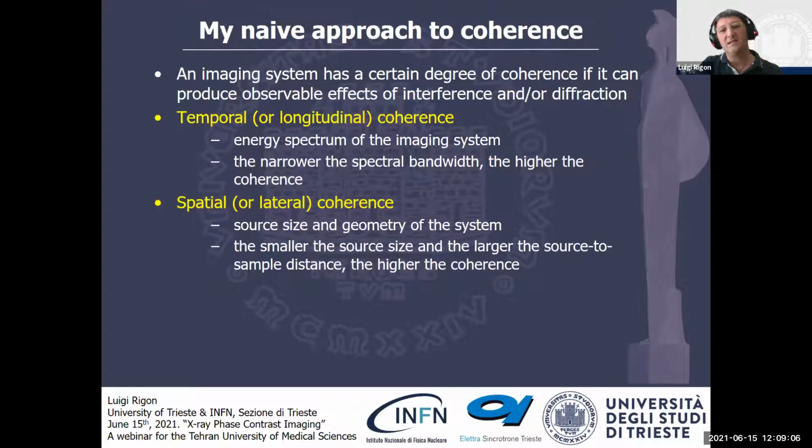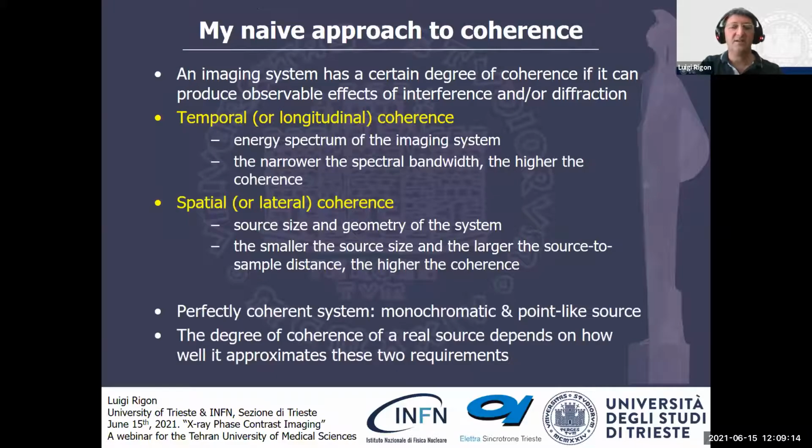The smaller the source size and the larger the source to sample distance, the higher the coherence. So a perfectly coherent system would be something that is monochromatic and a point-like source. The degree of coherence of a real source depends on how well these two requirements are approximated.